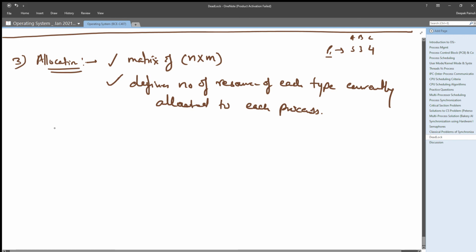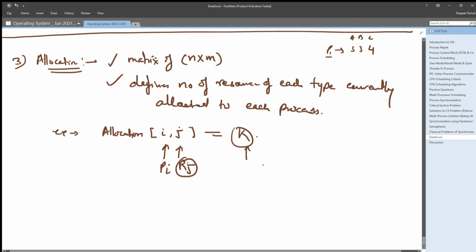For example, if we have written Allocation[i][j] equals k, it simply means that k instances of resource type Rj have already been allocated to process Pi, as we did in the previous case.